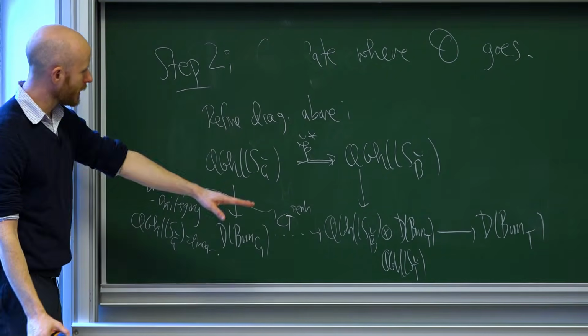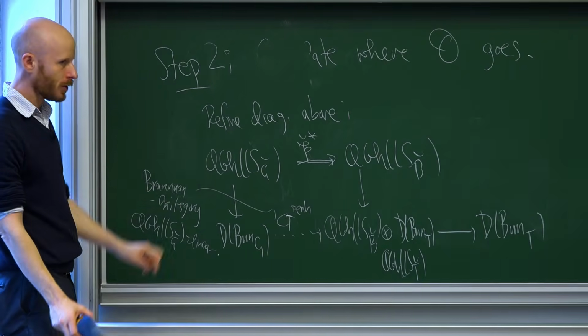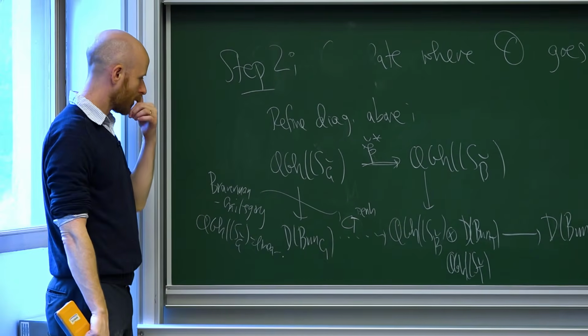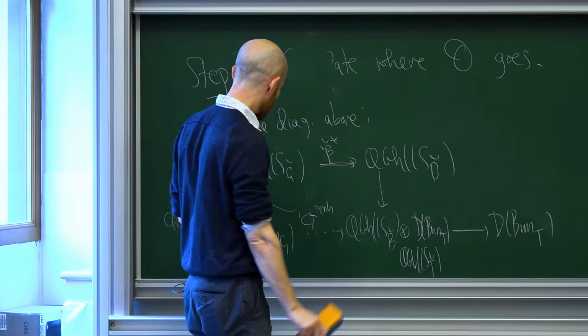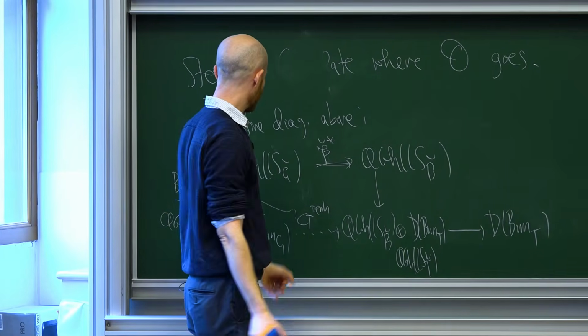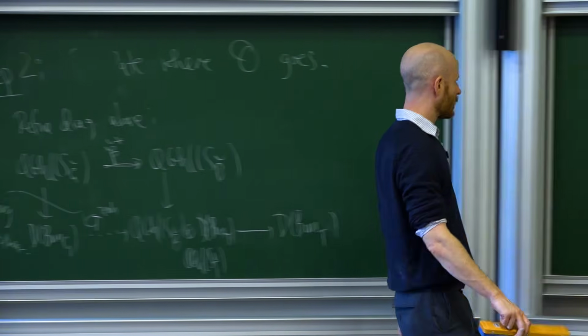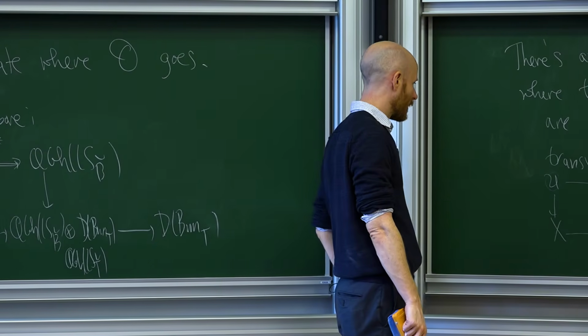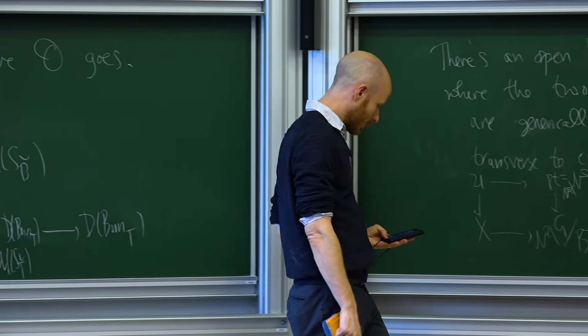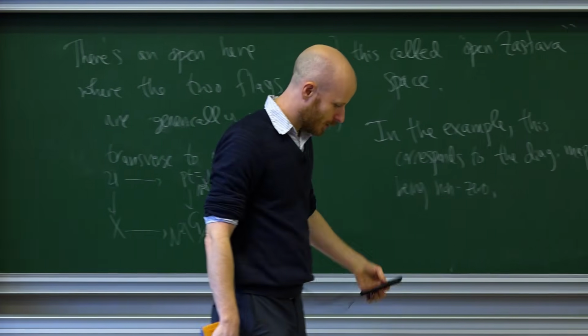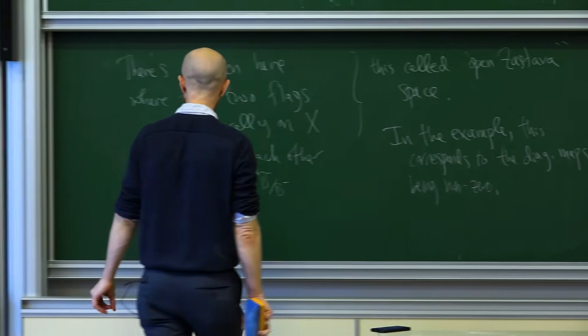Then you try to prove that this diagram commutes, but to do that you just need to know where O goes, because now it's a diagram of QCoh(LocSys_G check) module categories. Okay, so that was the outline of the argument.